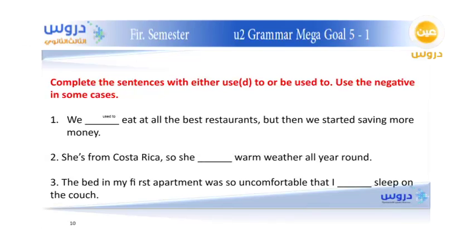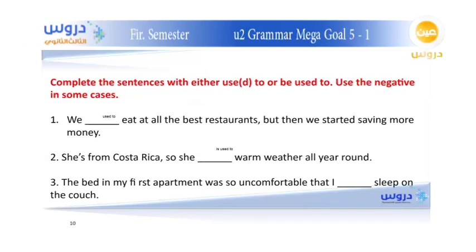Since here we have the pronoun she, and we can use the verb to be, we can say: so she is used to warm weather. She is used to warm weather.